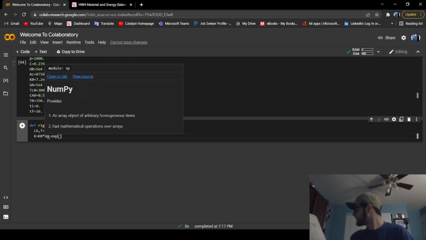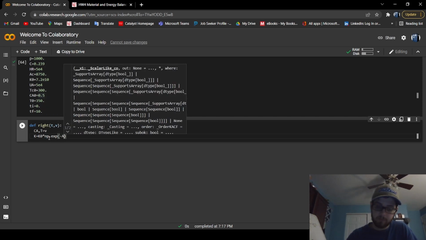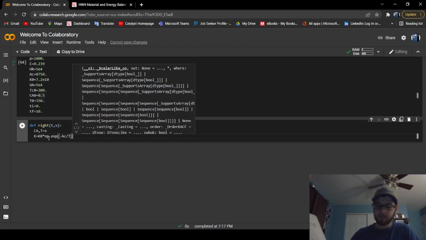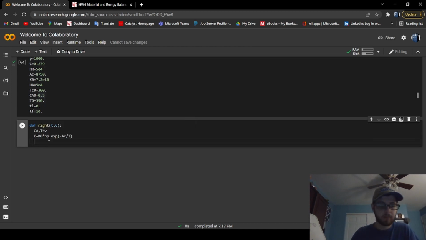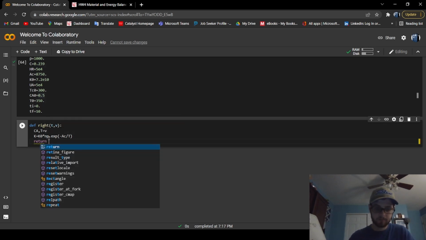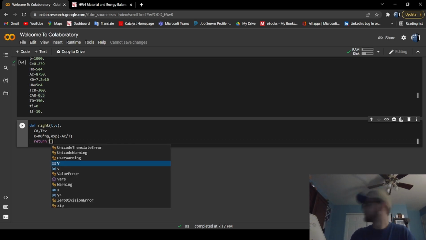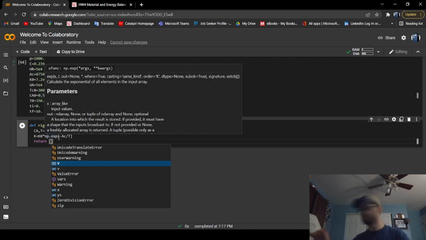And it's not actually the activation energy over temperature. It's negative activation energy over temperature. So I got that wrong. And then this is going to return an array of these two values right here. So that is the differential equations we did last time.